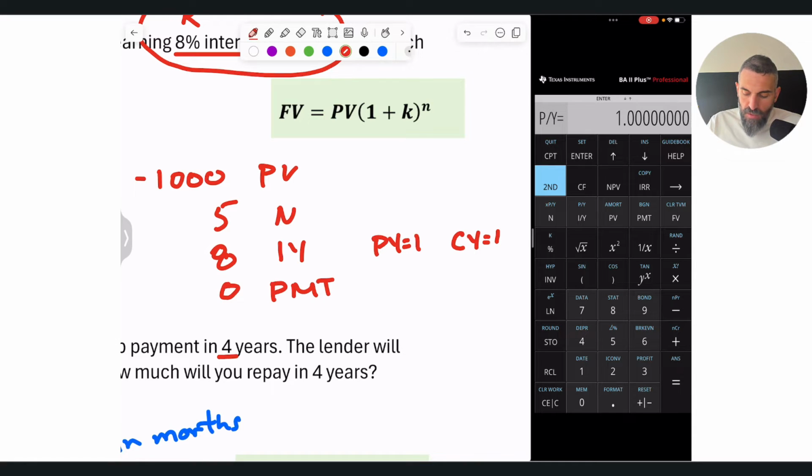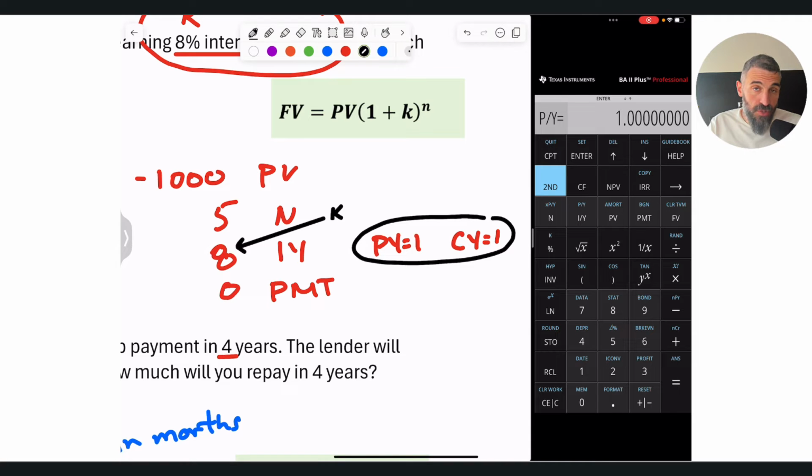Why? Well, when you already have your effective rate, so when this is your K, these should always be set to 1. I'll show you using the next question what to do when that's not K. But if your effective rate is what you're entering as the I/Y, P/Y and C/Y should be set to 1.